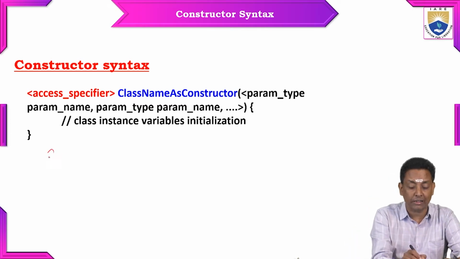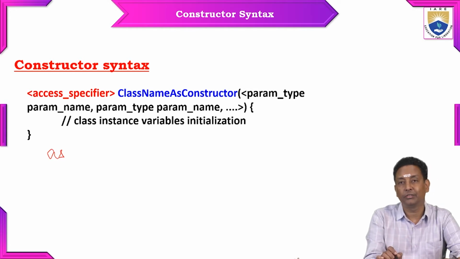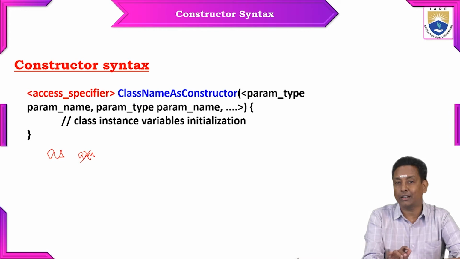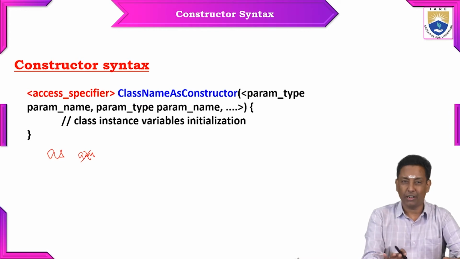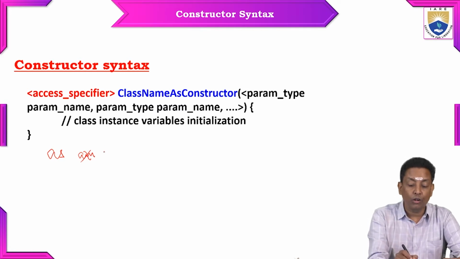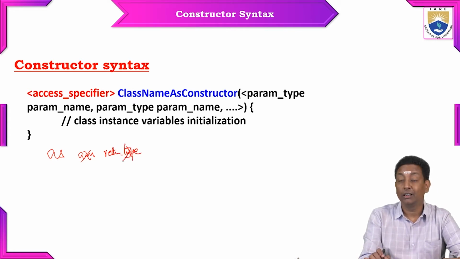It starts with an access specifier first, but no access modifier exists. You should not write any access modifier like abstract, final, static, native, synchronized, transient, volatile. No access modifier we should apply. No return type exists for the constructor.